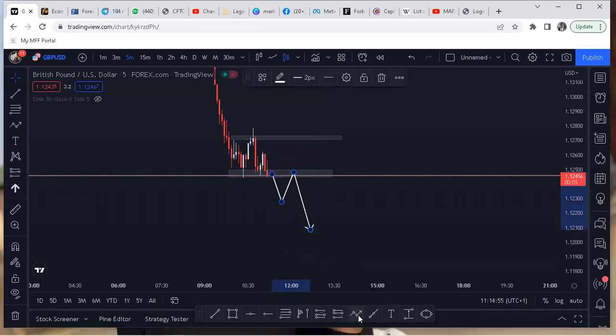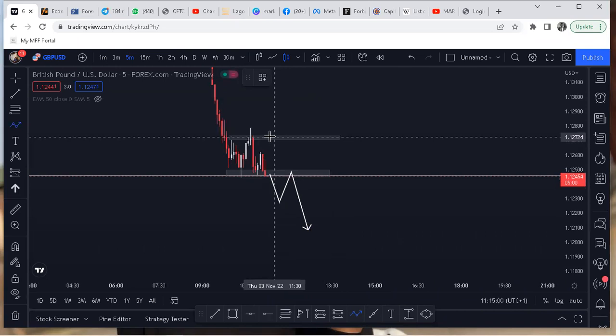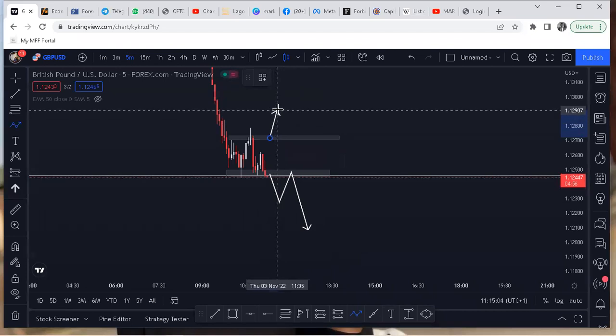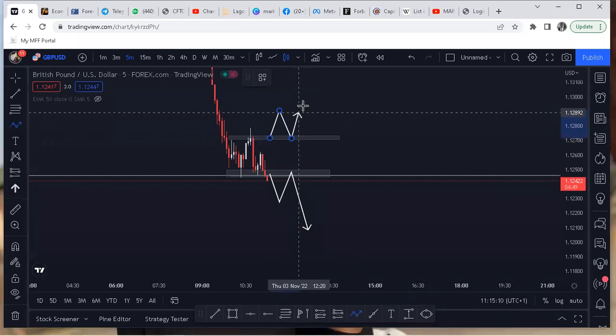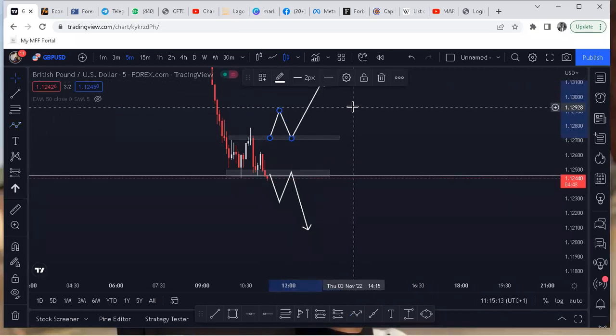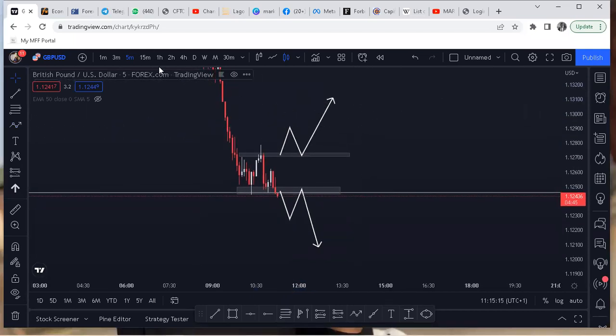Either you do this or you do this. But inside the consolidation, you must not make any decision. You're not obliged to make a decision. So don't feel forced, thinking I must trade. It's a lie. You just feel like something must happen. Either of them must happen.